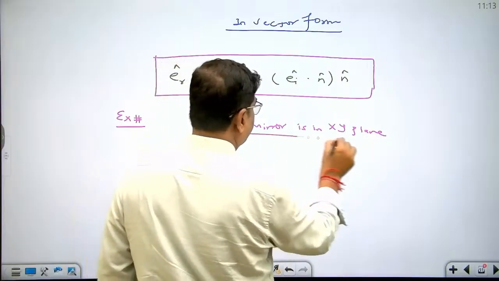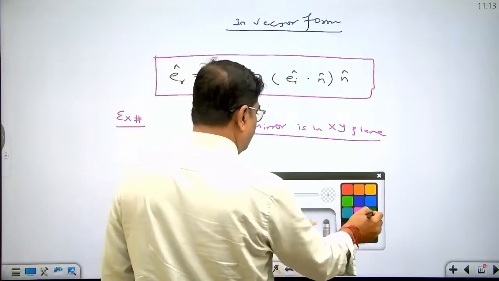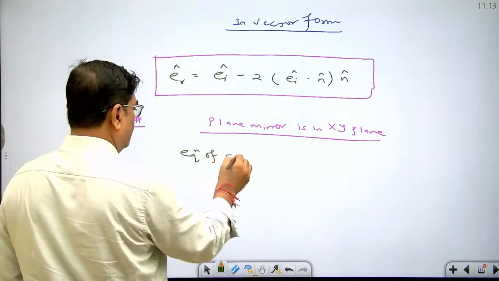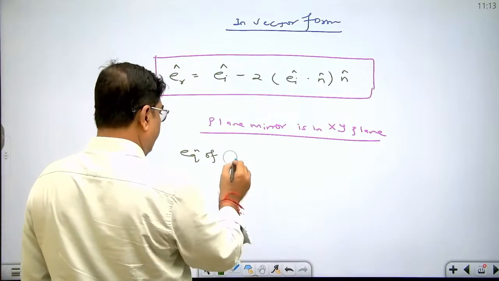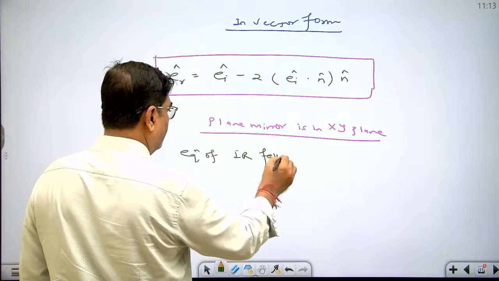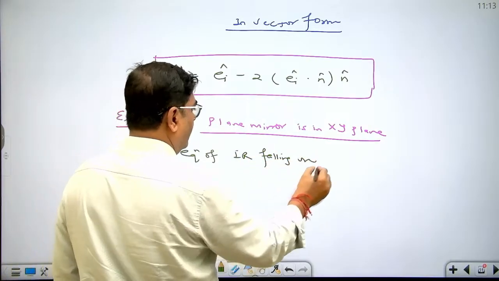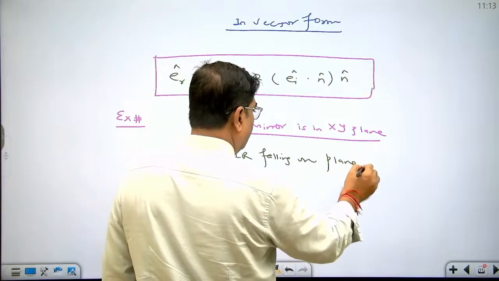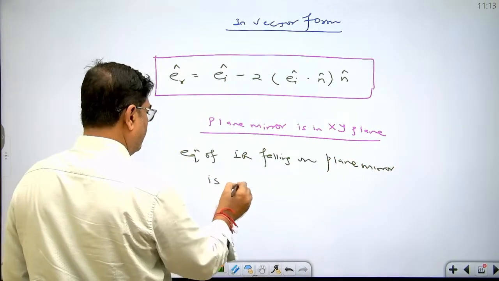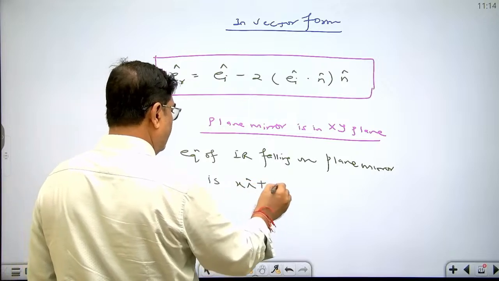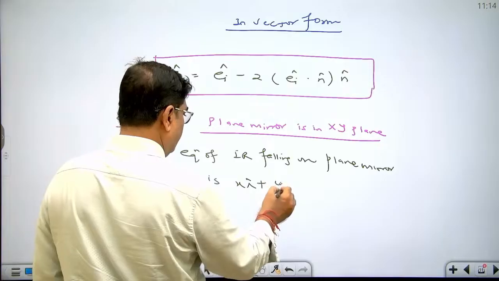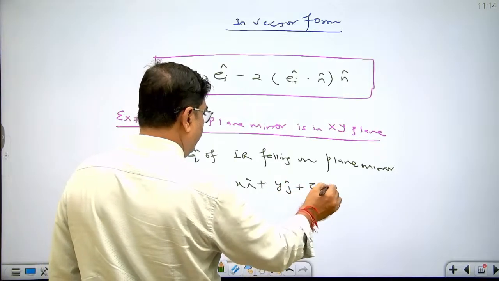Let us assume, and also assume, the equation of the incident ray falling on the plane mirror is x i cap plus y j cap plus z k cap.